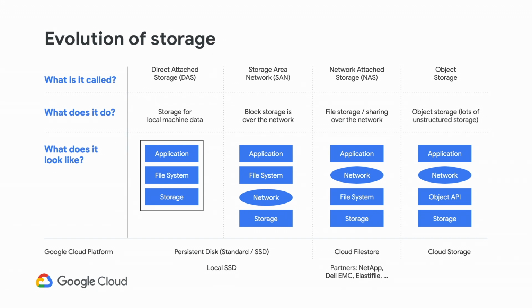First, let's look at the Storage Area Network. What it simply did was take all the physical storage-related activities out of the box running the application into separate storage controllers. Your file system on the servers talked to the storage controllers to store blocks.